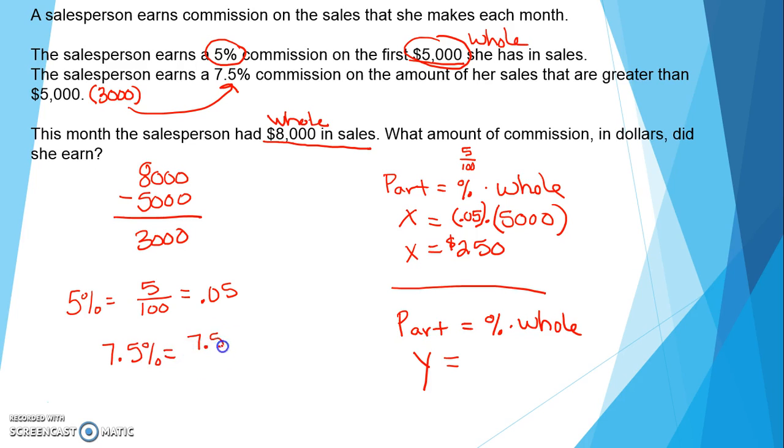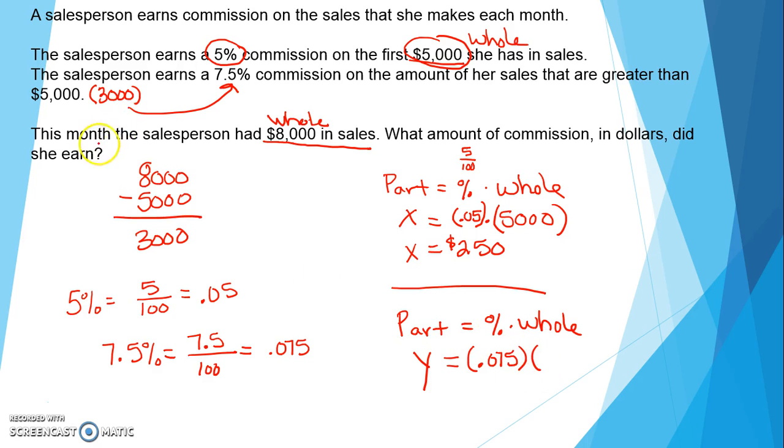That's 7.5 out of 100. Move that decimal point over 2 places, that's 0.075. If you need, on your calculator just punch in 7.5 divided by 100, and you'll get 0.075.